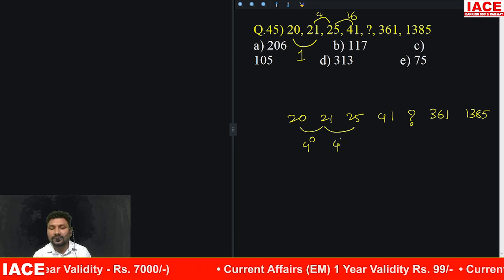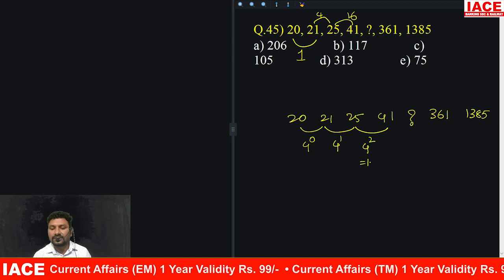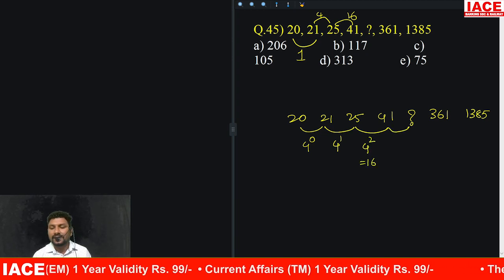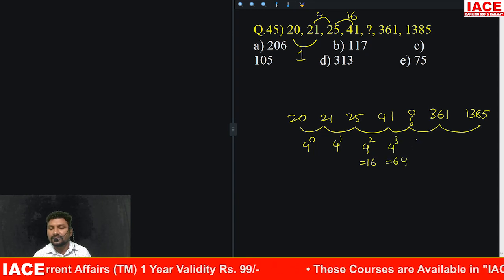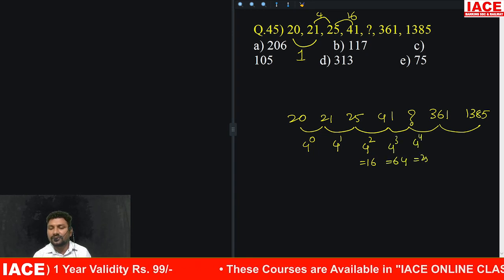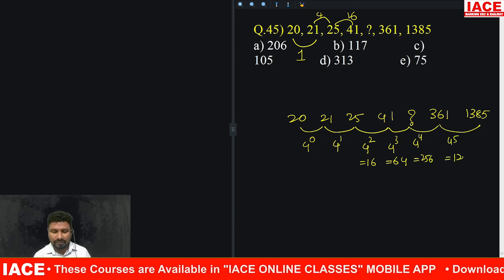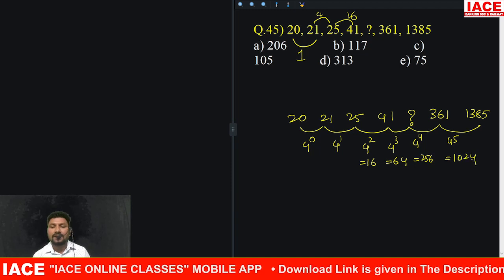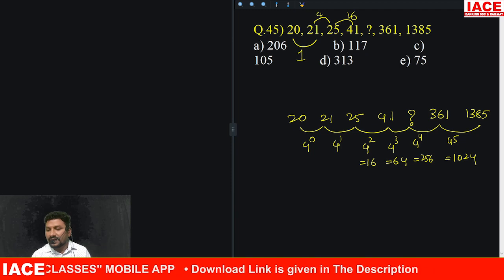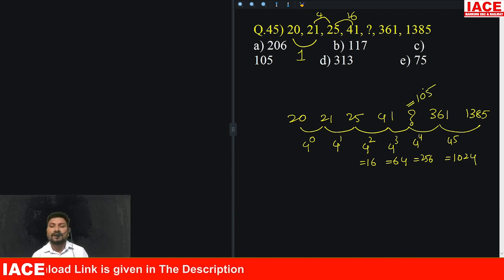And 4 to the power of 1, 4. 4 to the power of 2 is equal to how much? 16. Next 4 to the power of 3, 64. 4 to the power of 4, 256. 4 to the power of 5, 1024. Okay. Now 41 plus 64, what is the answer? 105. That means option C.